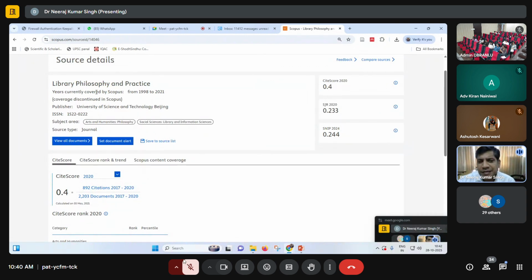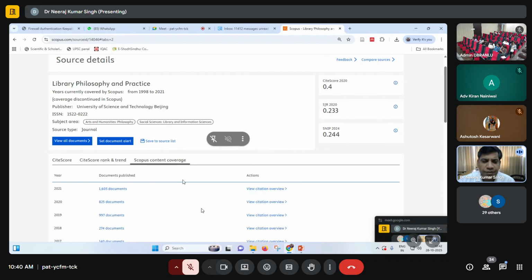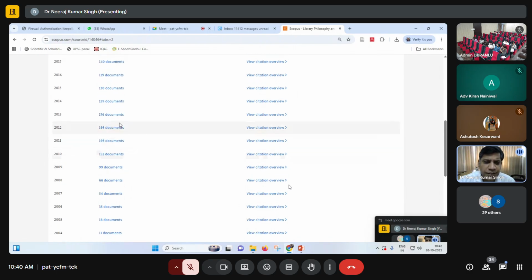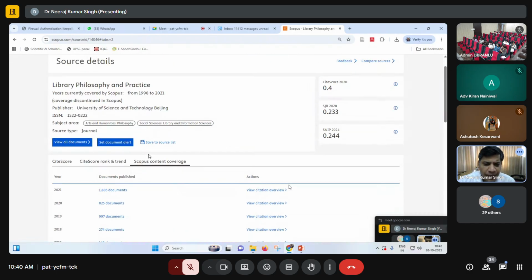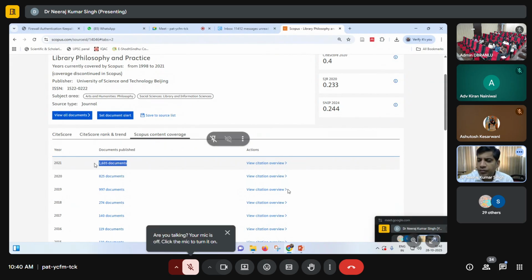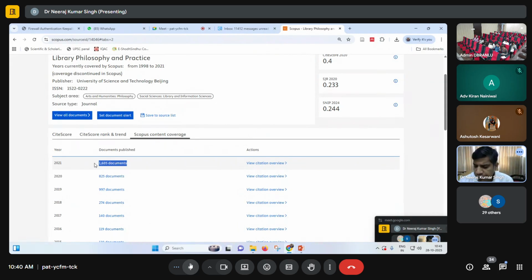So while selecting any journal, click here and then come to Scopus content coverage. Now see, when the journal started, they were publishing on an average 150, 200 articles in a year, right? You can see the number. Now suddenly in 2021, how many articles have they published? Just imagine, this is a clear-cut example of predatory journals.